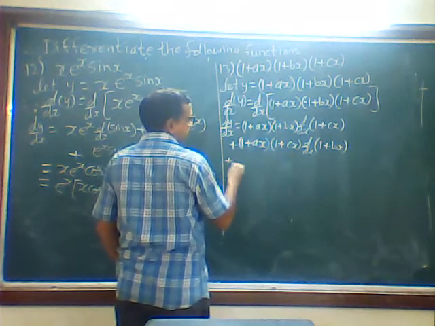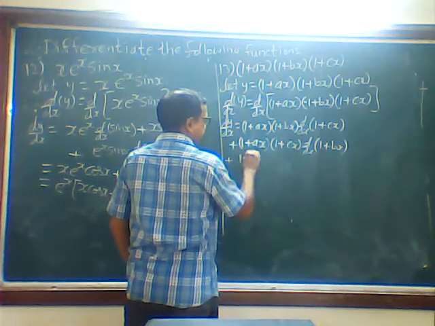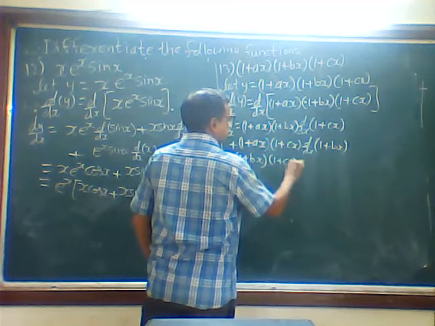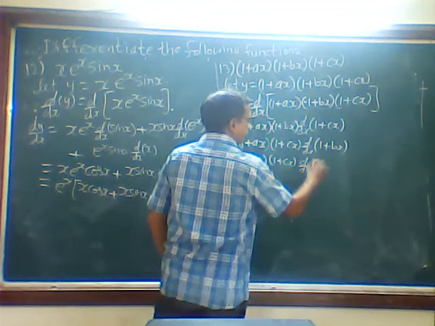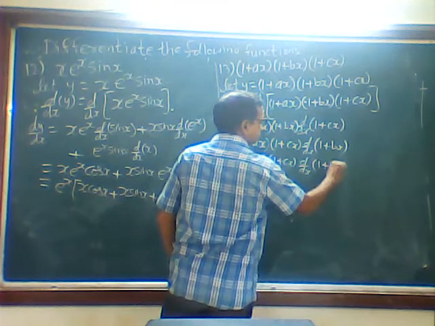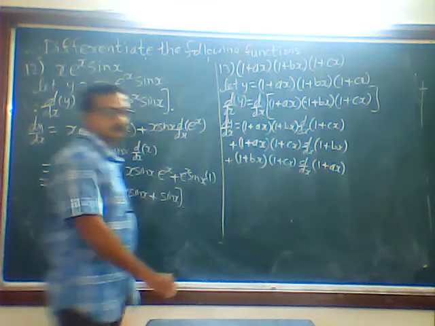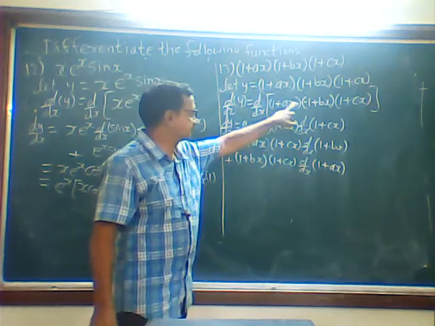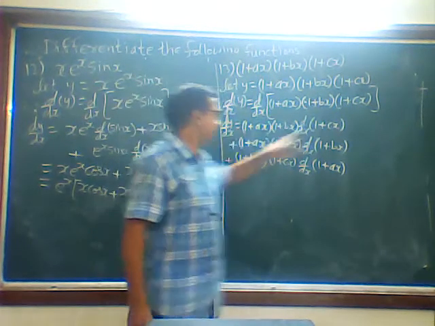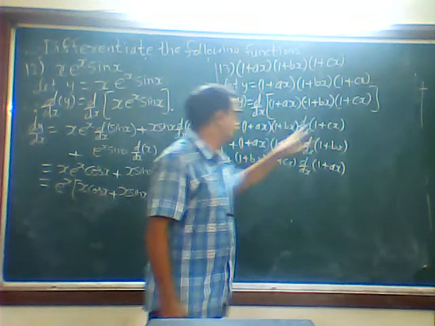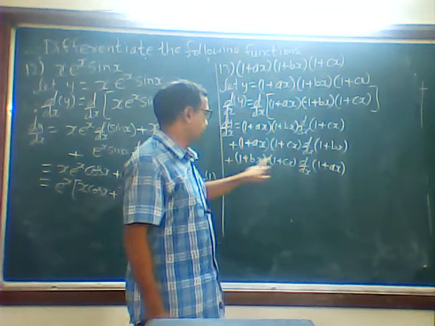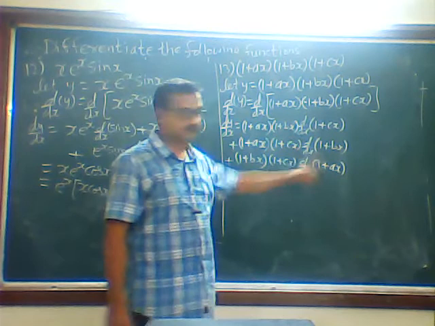Next, plus second and third term as it is, differentiation of first term. Okay, that way I have done. See here, first two terms as it is, differentiation of third term, plus first term and third term as it is, differentiation of second term. Next, second and third term as it is, differentiation of first term.